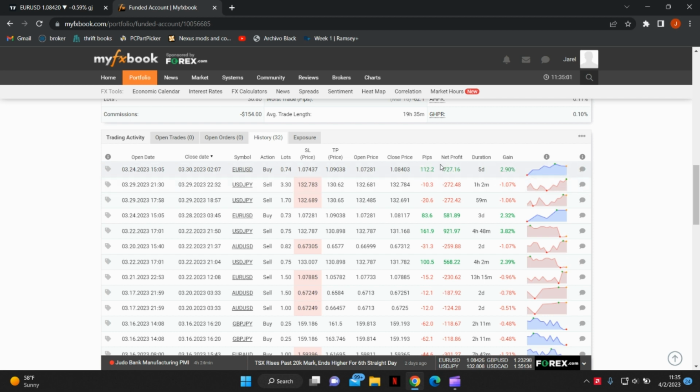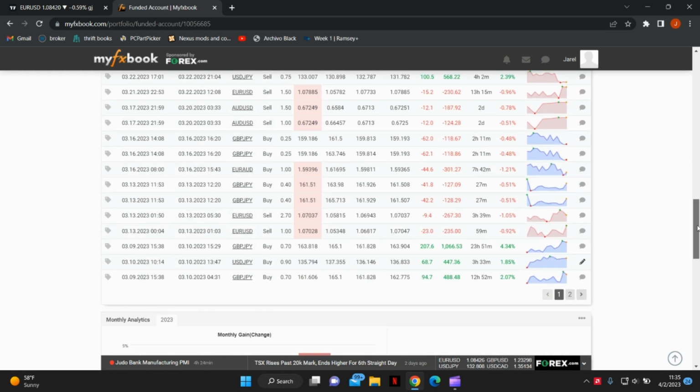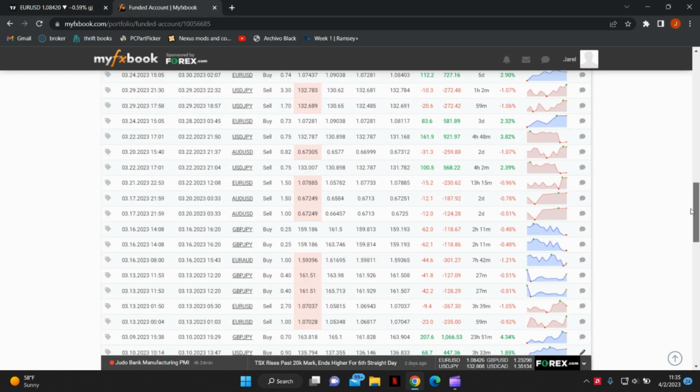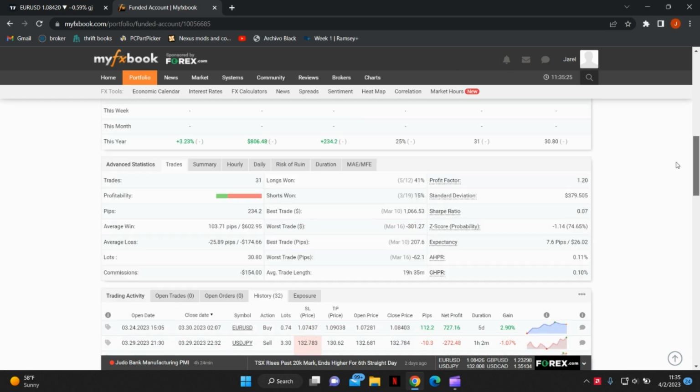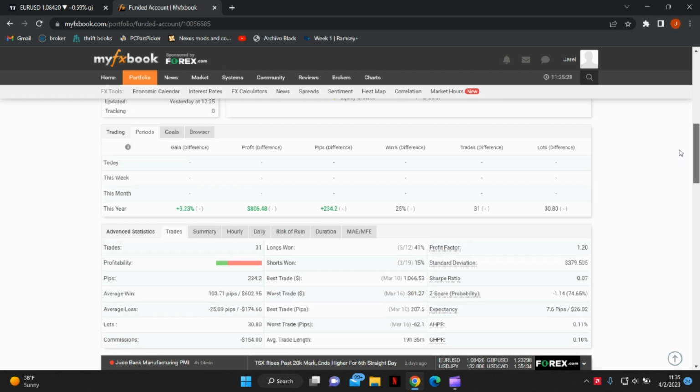So this was really supposed to be 800 and something, but the swap fees was in the negative, so it took almost $100 away. And then these right here were the two trades that I lost on UJ, risking 1%, a little over 1%, but same thing. So yeah, these are my FX book, and these are the trades that I took. Just being transparent and all that.